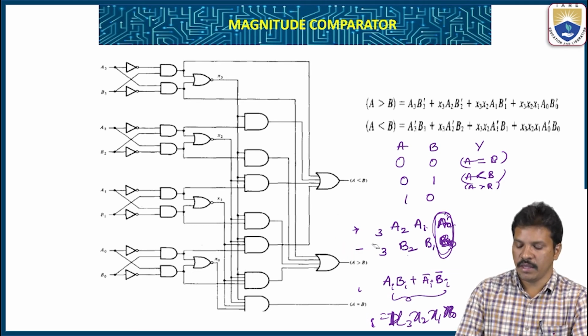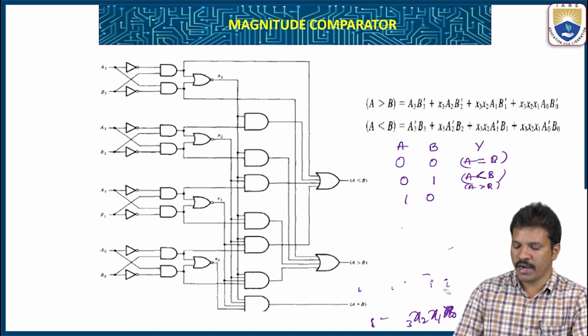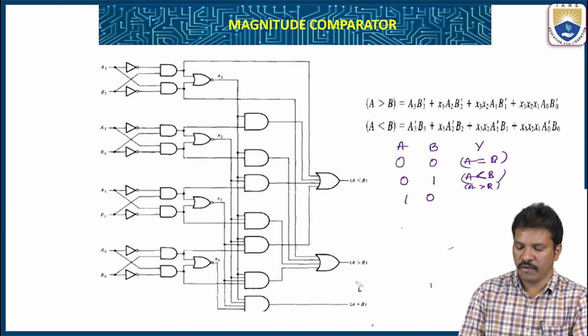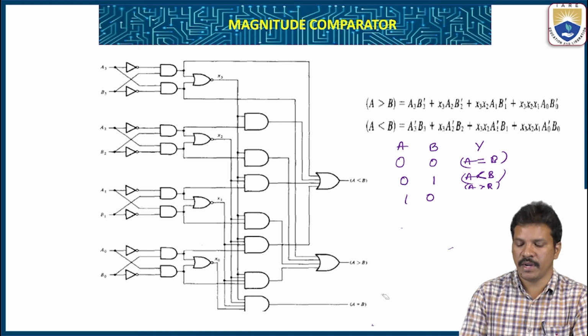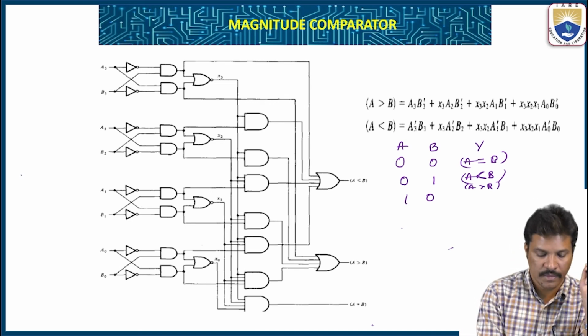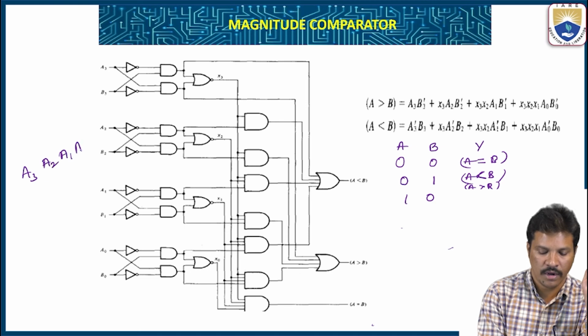Similarly, A greater than B and A less than B can be identified by first checking the MSB bit. A3, A2, A1, A0, B3, B2, B1, B0.